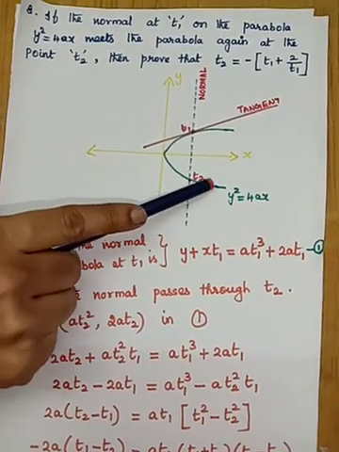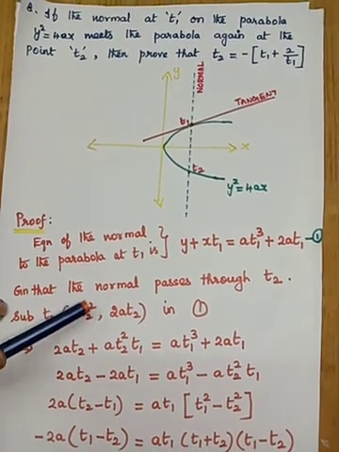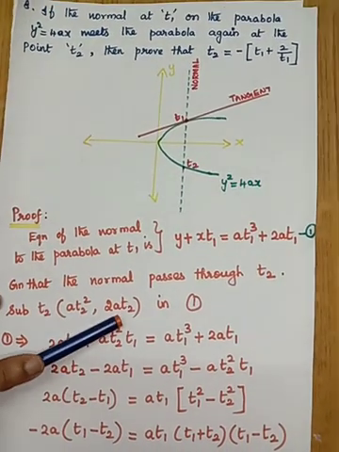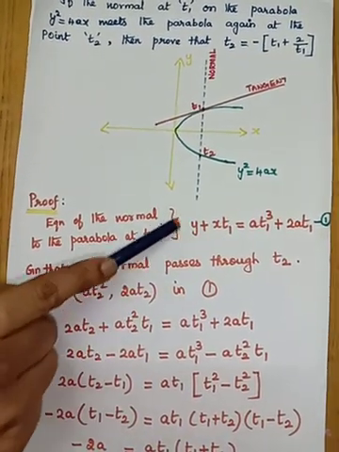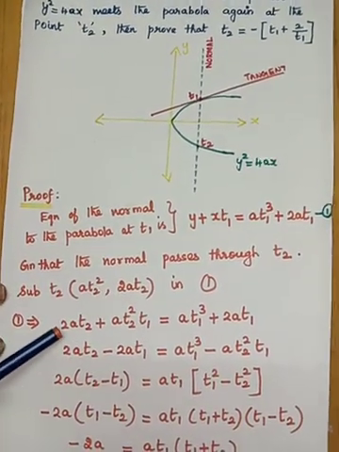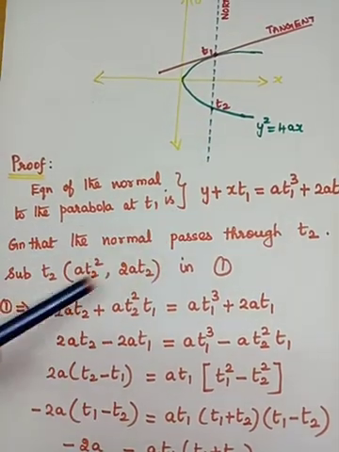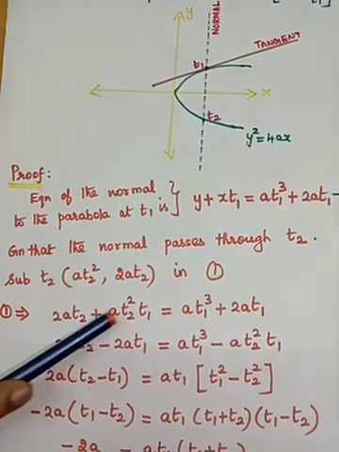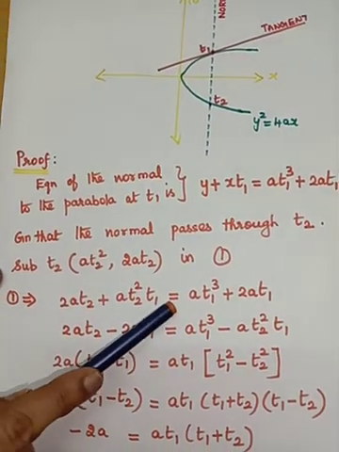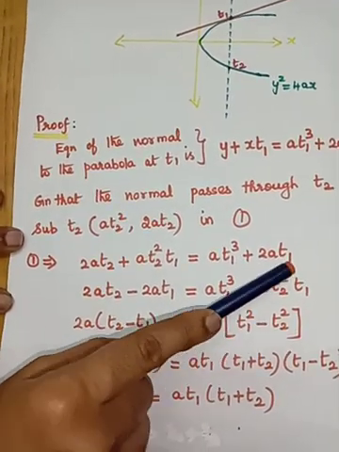Here in the place of t we have taken t2, so it becomes (a t2 squared, 2a t2). This point has to be substituted in this equation. In the place of y, write 2a t2, plus in the place of x substitute a t2 squared, times t1, which is equal to a t1 cubed plus 2a t1.